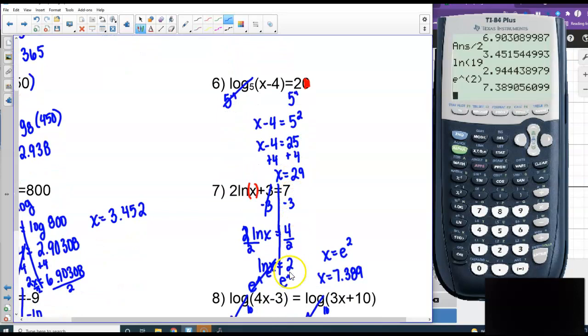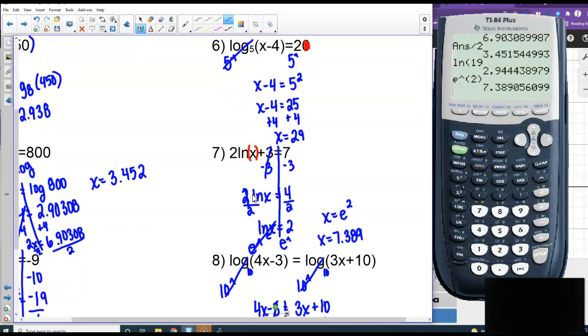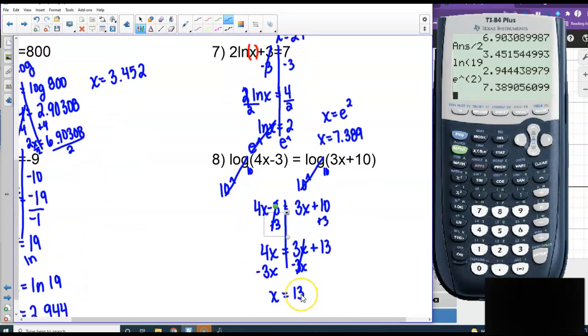That's fine, right? 7.389, you're just plugging it into the x. That's positive. That's fine. Right here, you'd have to plug in 13. So 4 times 13 minus 3, I'm not quite sure what that is off the top of my head, but it's positive, so it's okay. Same thing over here, 3x plus 10. You may run into a question where you get an answer, but when you plug it in, it's going to be negative, and you're taking the log of a negative, and if that's the case, it would be no solution for that.